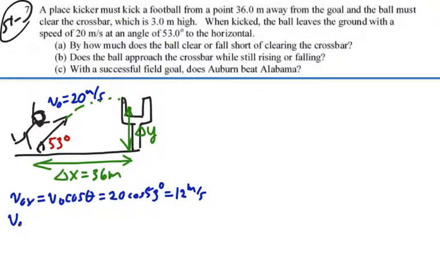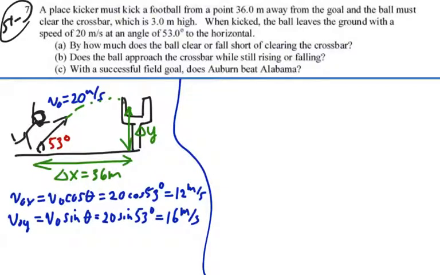And our initial launch velocity for the y direction is v naught sine theta, which is 20 sine 53 degrees, which will be 16 meters per second. So those are our initial velocities.